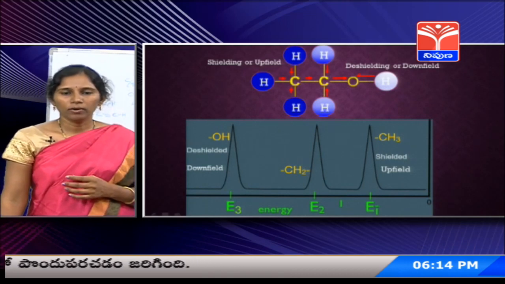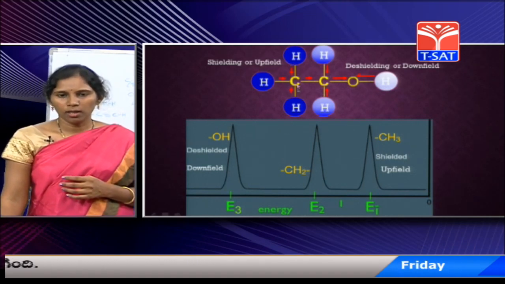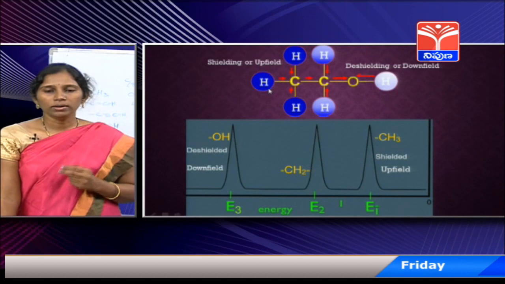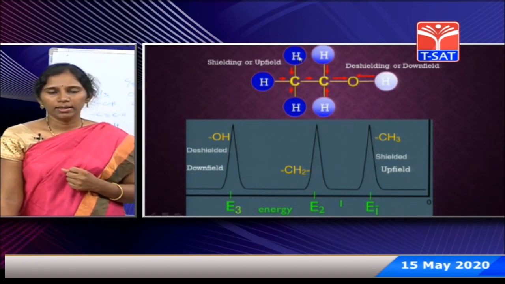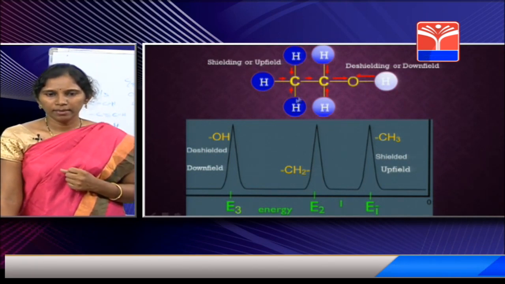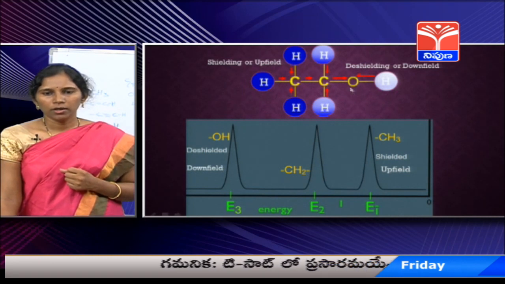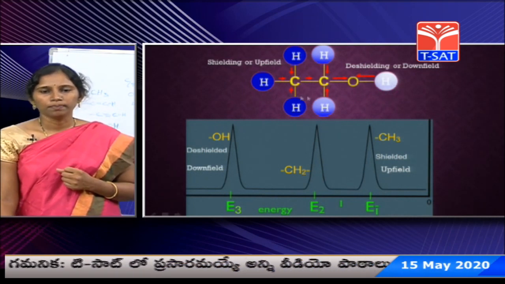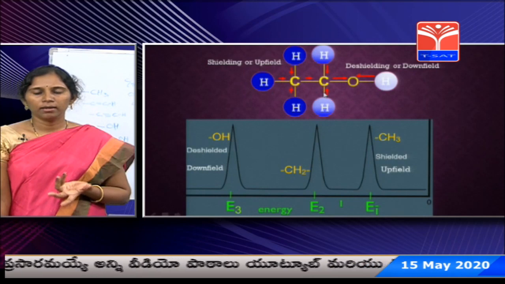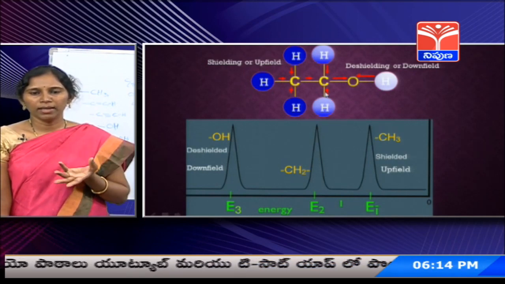See here, I have taken the example of ethanol, and in ethanol we have 3 types of protons. Here this carbon contains 3 protons and this carbon contains 2 protons, and the hydroxyl group contains 1 hydrogen. Okay, up to here it is very clear. What is there something else?